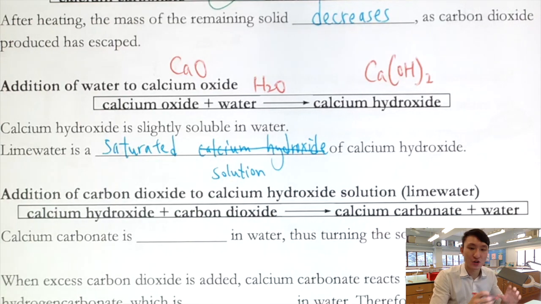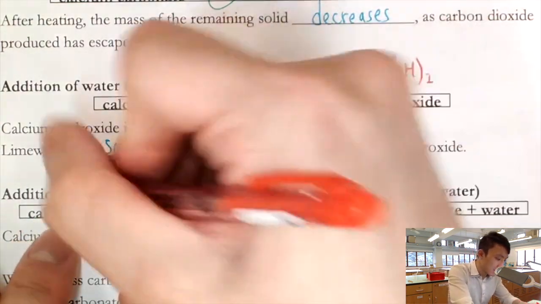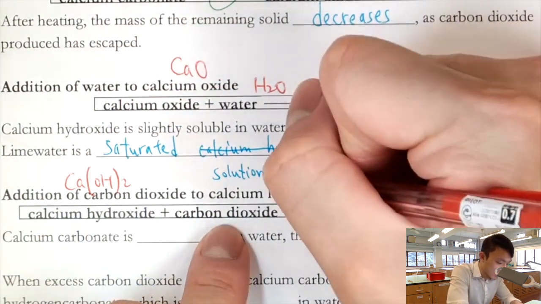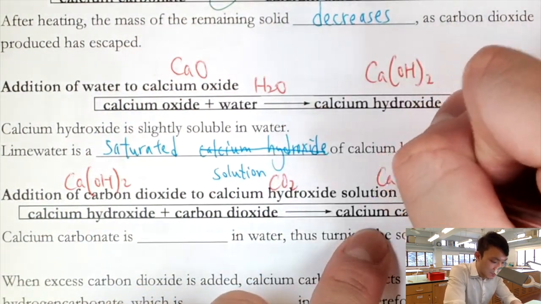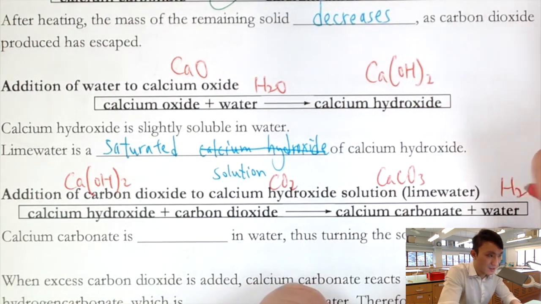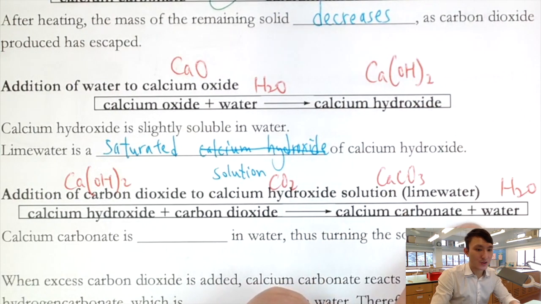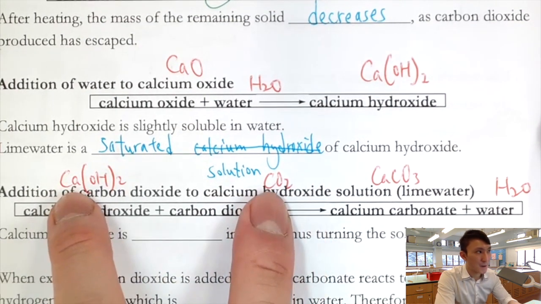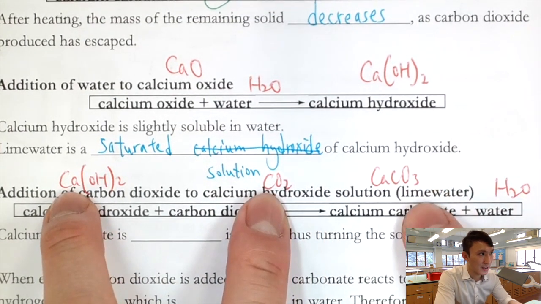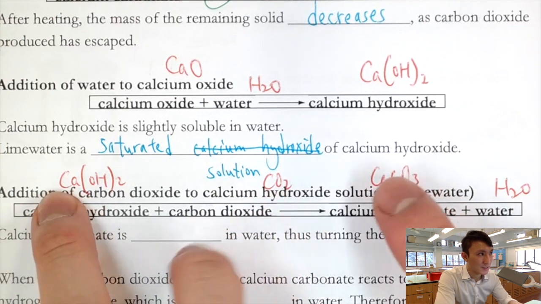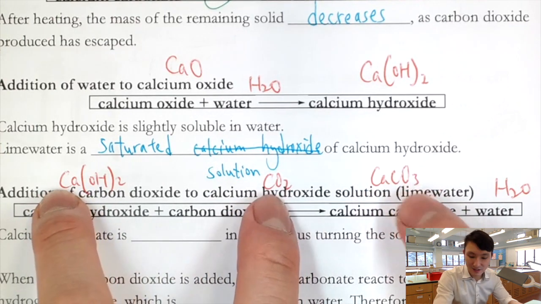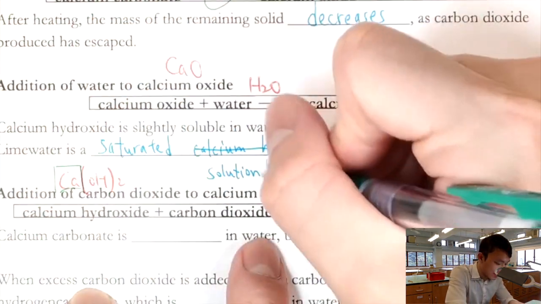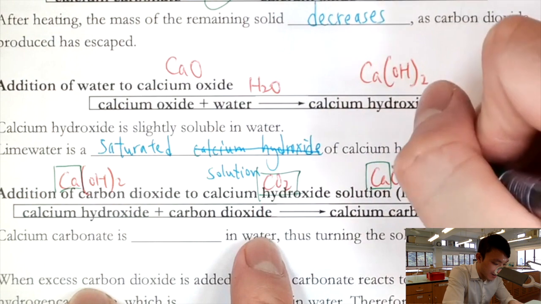Again, let me fit in those chemical formulas. Calcium hydroxide is like this one, right? And then carbon dioxide is this one, right? Calcium carbonate is this one, and this is water. So now you can consider, like I said, these two combine to form calcium carbonate. You see, calcium is there, carbon dioxide is there, if I use different colors to show you. So calcium and the CO2 are all here, right?